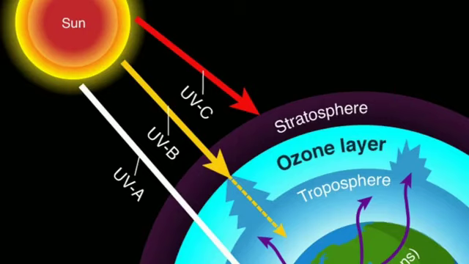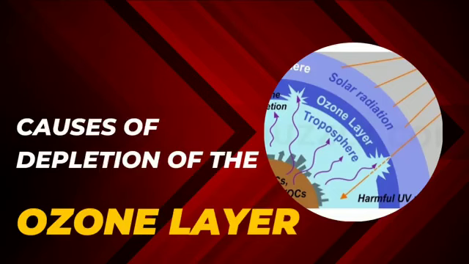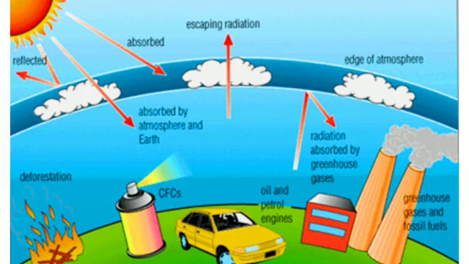Ozone layer depletion is simply the reduction of the amount of ozone in the atmosphere. The most important reason for the depletion of the ozone layer is the emission of chlorofluorocarbon (CFC), which has led to about 80% of the total ozone layer depletion.